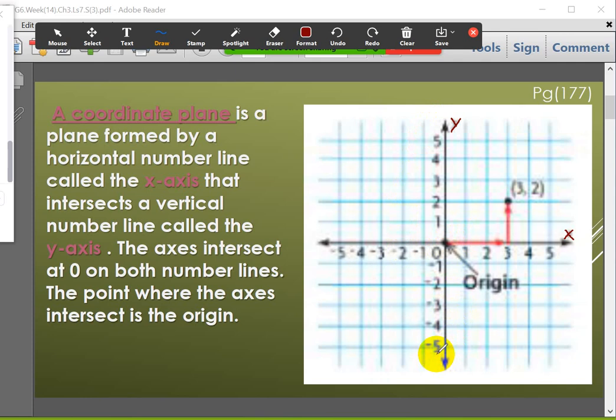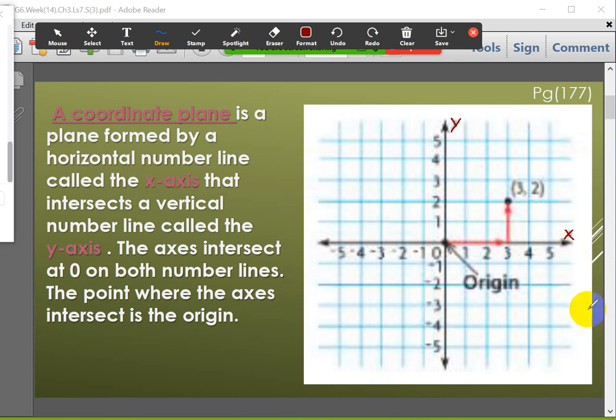Now look, the axes intersect at 0 on both number lines. So the x-axis and the y-axis cross at the point 0, and the point where the axes intersect is the origin. So this point, we name it the origin.